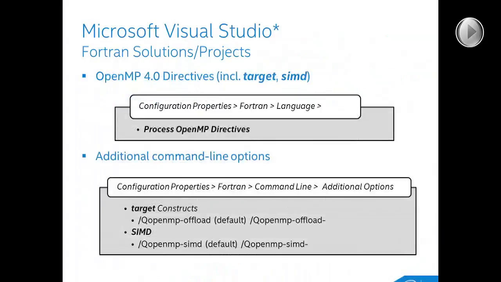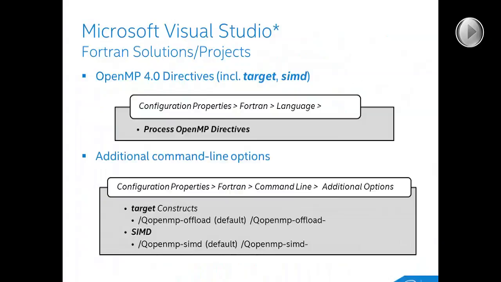Okay. Specific to the OpenMP implementation of the offload model and the target constructs, this is not a new property setting, but it's the one that controls the recognition of the OpenMP directives, which includes the target and the SIMD constructs from the OpenMP 4.0 implementation. Under Fortran language, you can disable or enable the recognition of OpenMP directives from the Process OpenMP Directives property setting.